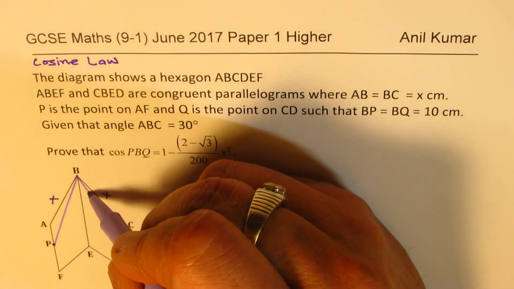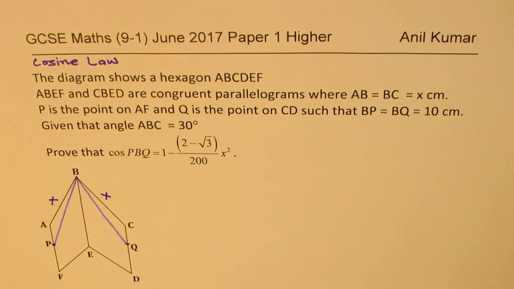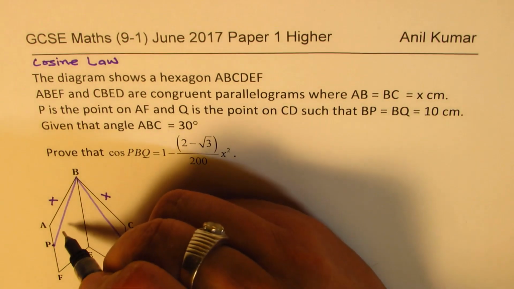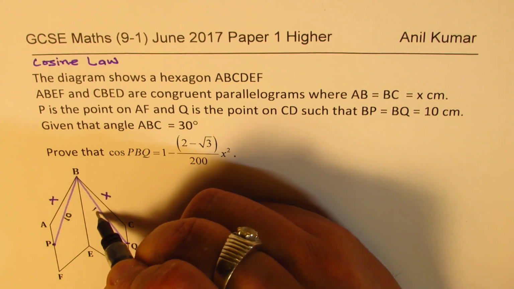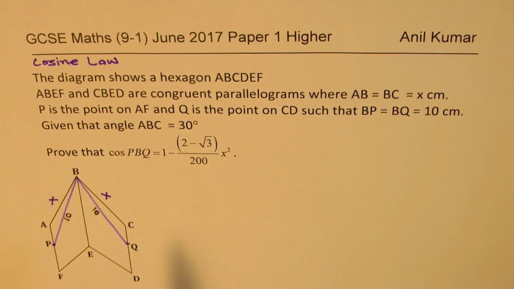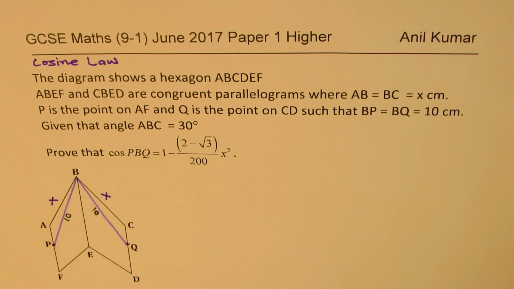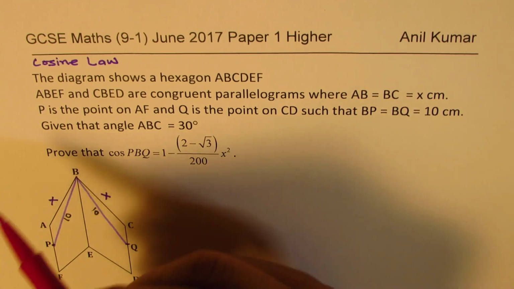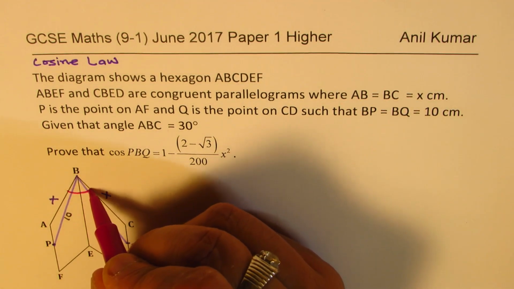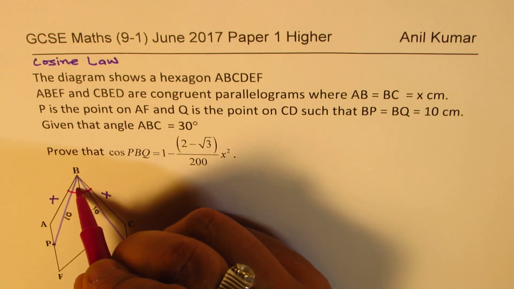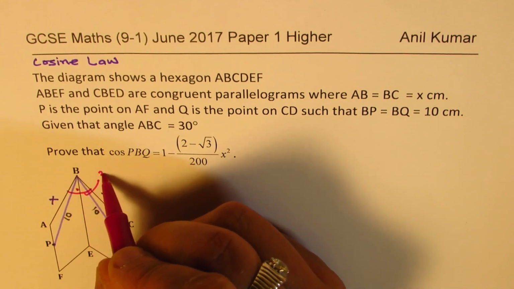So let's write it down. Okay. Given that the angle ABC is 30 degrees, so ABC is a bigger angle here. So that angle is given to us as 30 degrees.